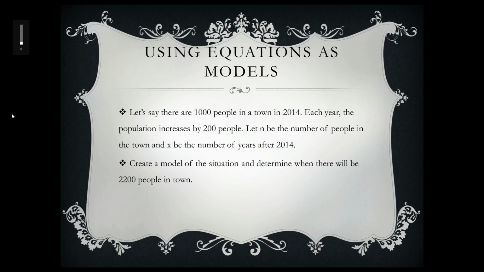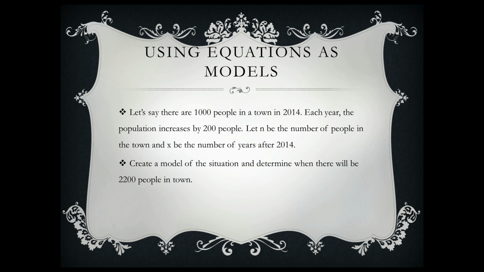So we can also use equations to model situations, and in order to do this we have to understand how we can use slope-intercept equations to model situations. So let's say there are 1,000 people in a town in 2014, and each year the population increases by 200 people.